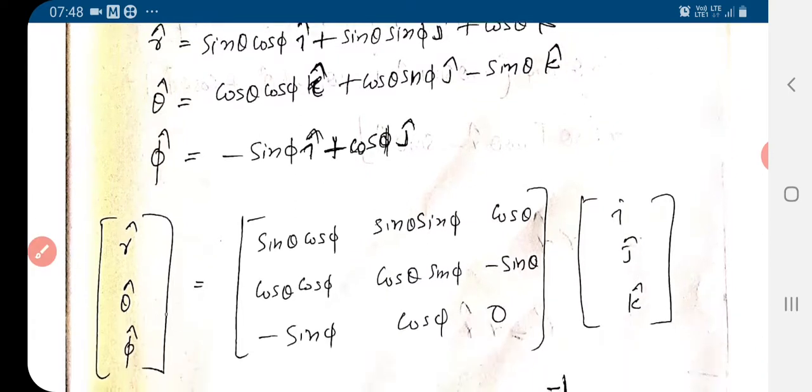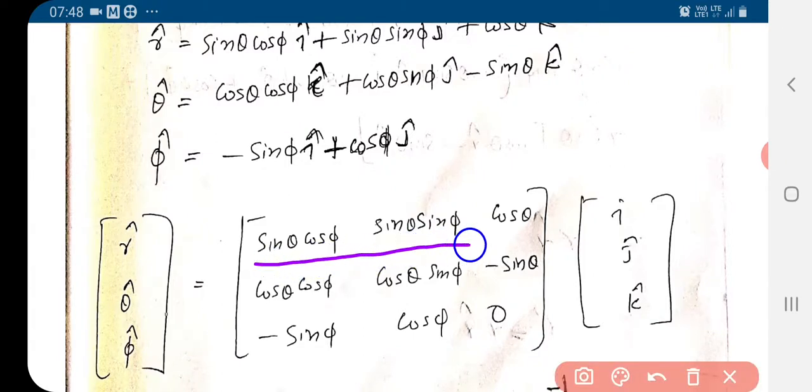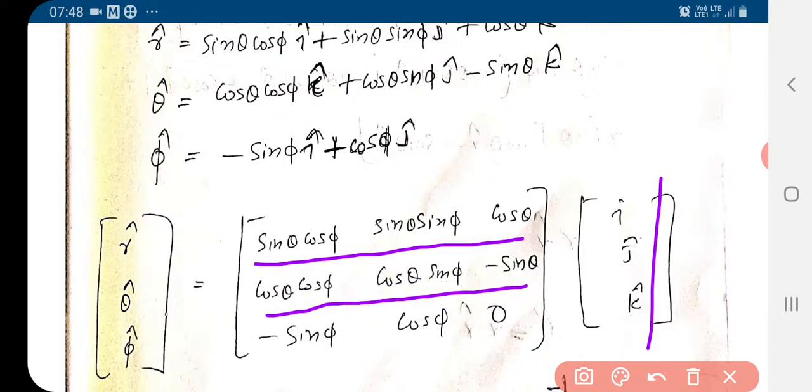So in matrix form, this can be written like this: sin theta cos phi, sin theta sin phi, cos theta; similarly, cos theta cos phi, cos theta sin phi, minus sin theta; and here we have minus sin phi, cos phi, 0.